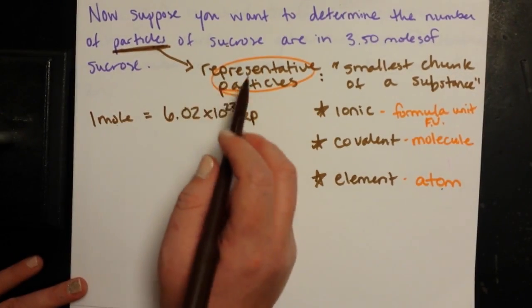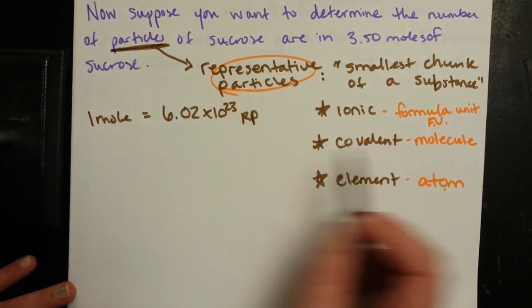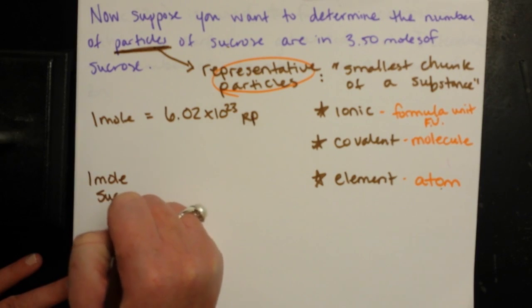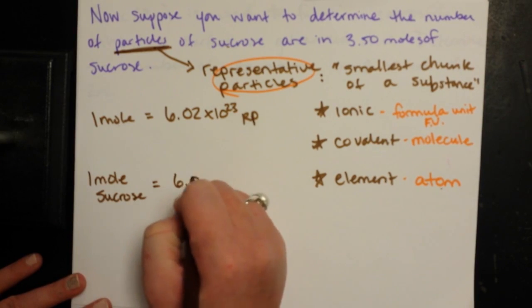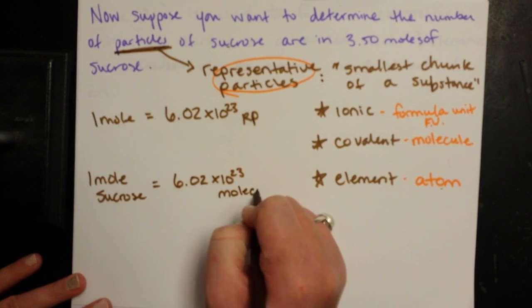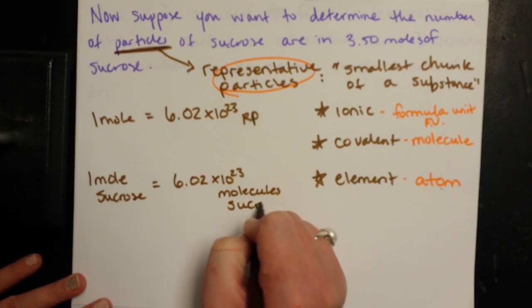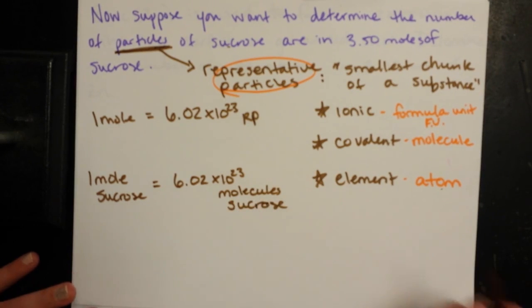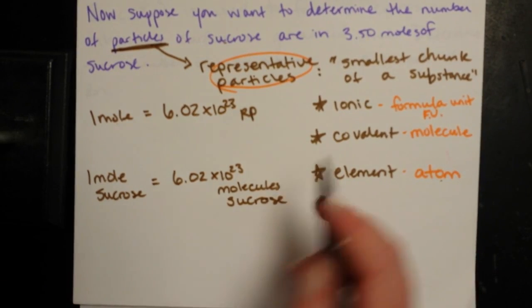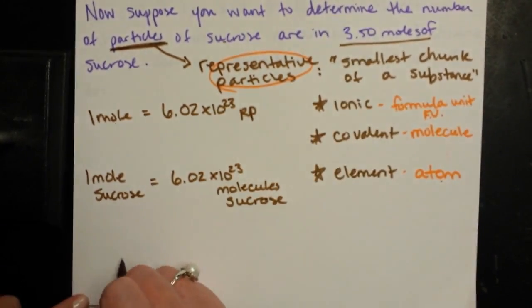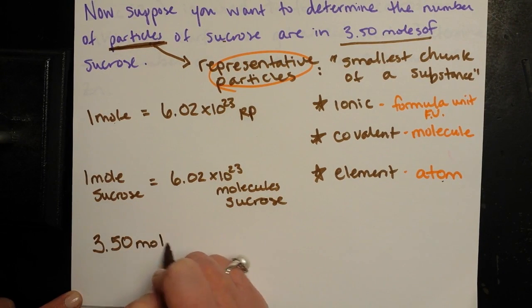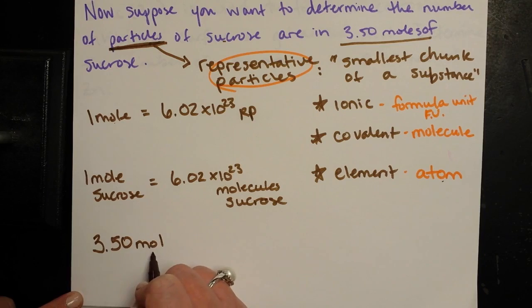So in this case, since I'm dealing with sucrose that's covalent, I'm going to say that 1 mole of sucrose equals 6.02 times 10 to the 23rd molecules of sucrose. So molecule would be the smallest particle of sucrose. I'm given 3.5 moles of it, and we abbreviate mole a lot of the time with just MOL.